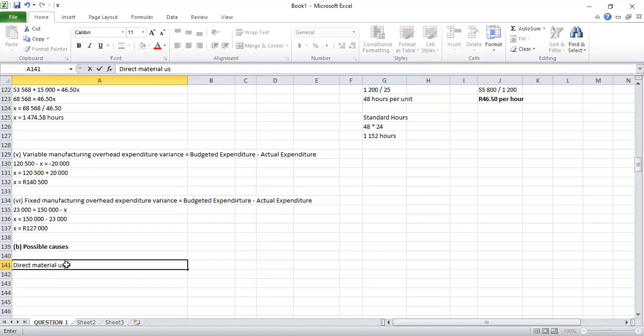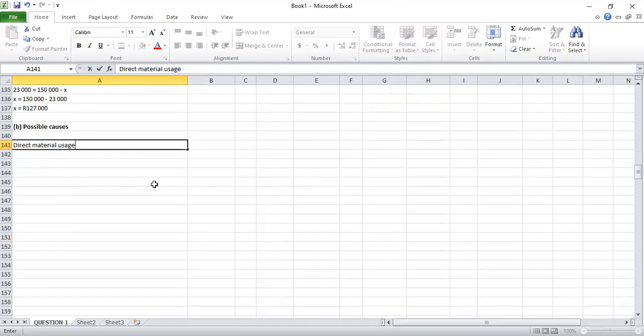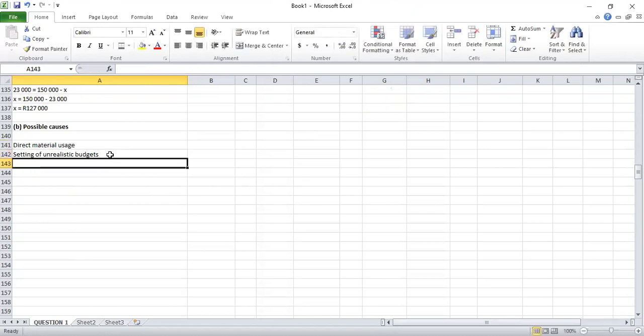Right, there's one reason that you should know that works for all variances. All variances, this reason you can use it. Setting of unrealistic budgets. So please, when we don't have a reason, you can always use this, because as long as our budgets are unrealistic, there's bound to be a difference.